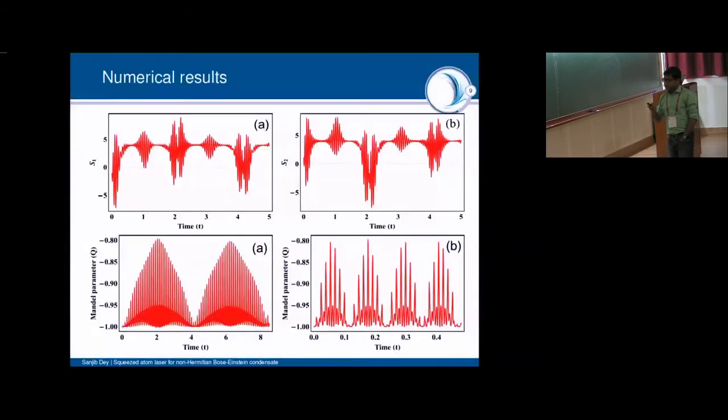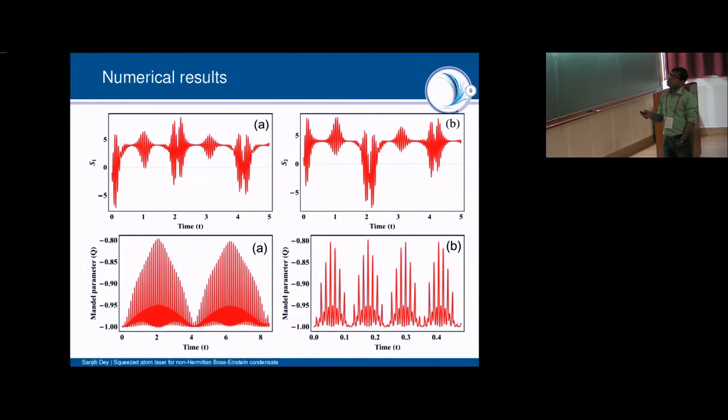Now let's look at the numerics. So we have analytics, but let's look at the plots. The first two plots are the quadrature squeezing, and the last two are the photon anti-bunching or Mandel parameter. What we see is that in this case or this case, in some regions the squeezing parameter S1 goes negative, like this one and that one.